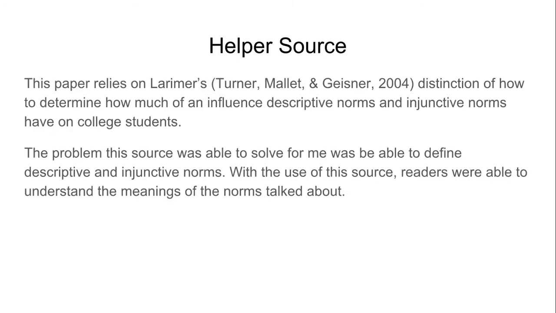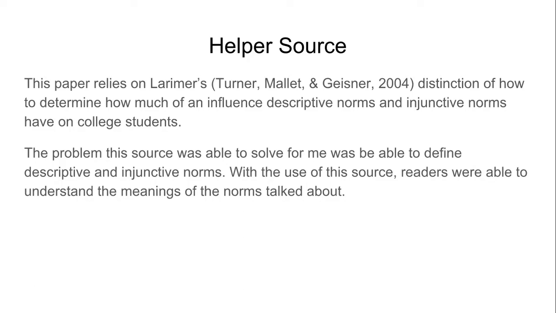The helper source that I was able to use to help me follow through with my paper was Lamar's distinction of how to determine how much of an influence descriptive norms and injunctive norms have on college students. So with the use of Lamar, Turner, Mallet, and Geiser 2404, I was able to use that source as a guideline for my paper because Lamar is very similar to what I do in my literature review.